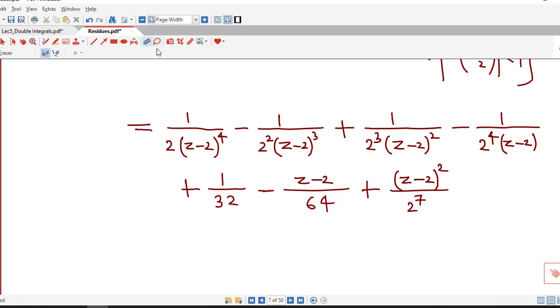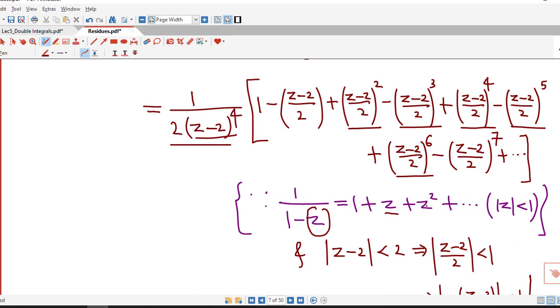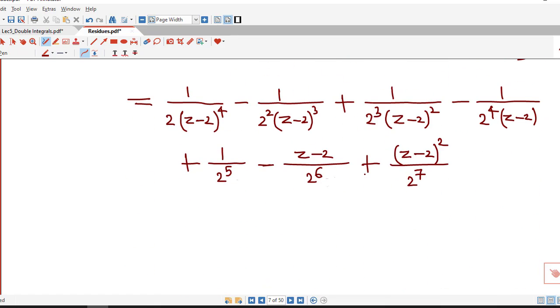So power of 2 is increasing, so here we have 2 raised to 5, then 2 raised to 6, 2 raised to 7, and here we will have negative of z minus 2 raised to 3 divided by 2 raised to 8. So negative of z minus 2 raised to 3 divided by 2 raised to 8 and so on.